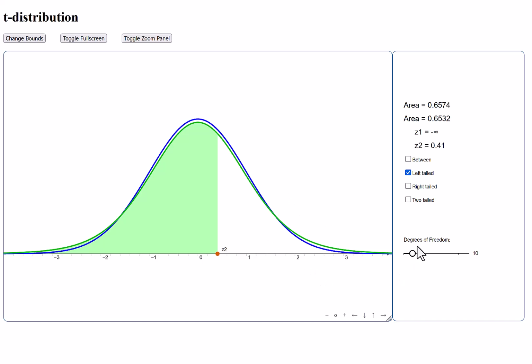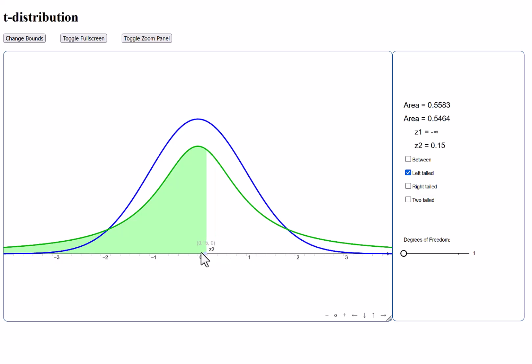So for instance, I have set 10 degrees of freedom, and you can tell they're actually fairly close to one another. If I change the number of degrees of freedom and I bring that down, you can see if I go down to 1 degree of freedom, well then there's a very large difference between the t-distribution curve and the normal distribution curve. The way you calculate probabilities is still the same.